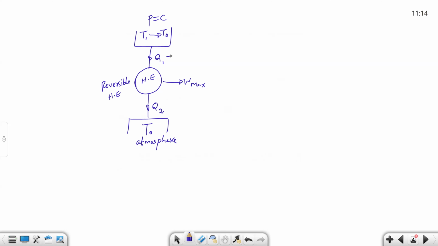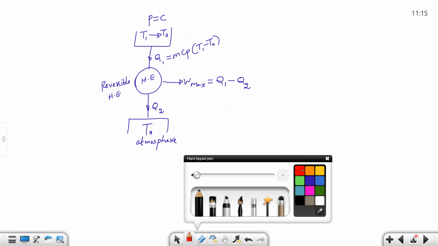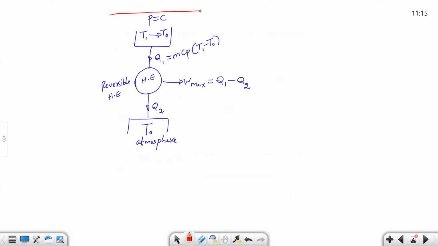Now here Q1, you know, for constant pressure heat is m Cp (T1 minus T0). For constant volume, it is m Cv (T1 minus T0). Constant pressure, it is m Cp. So the maximum work is equal to Q1 minus Q2. To find Q2, you need to take the entropy change of the universe. System 1, 2, 3.